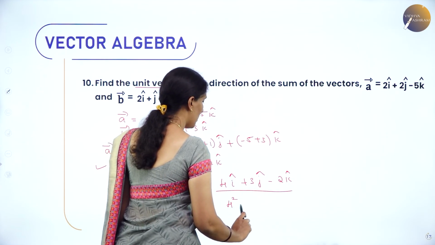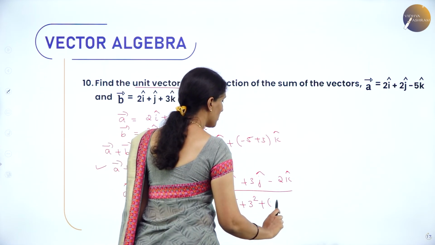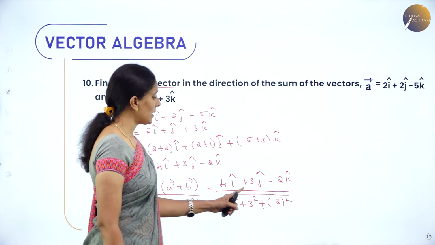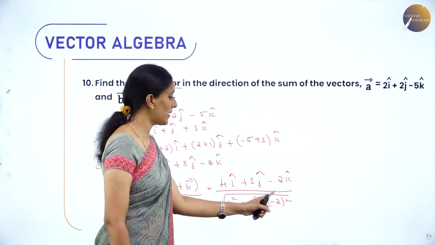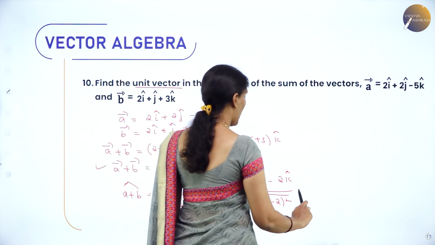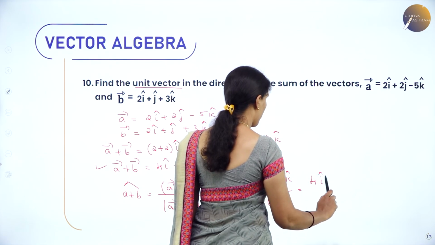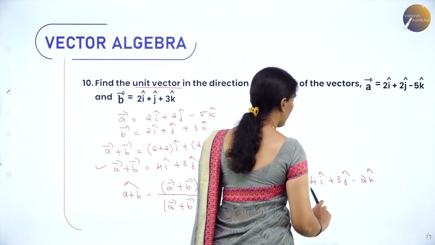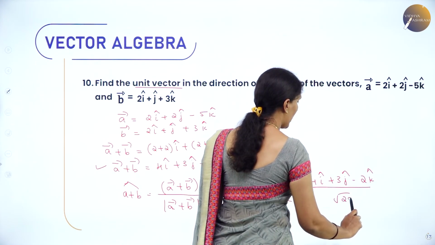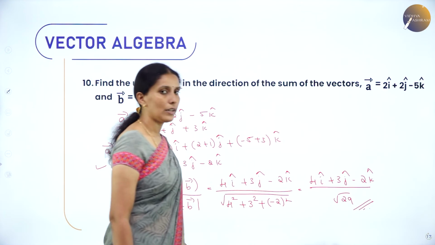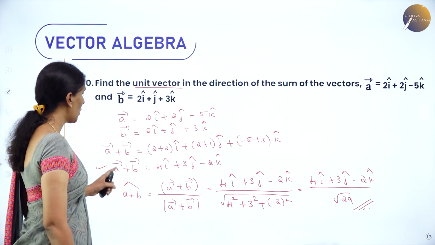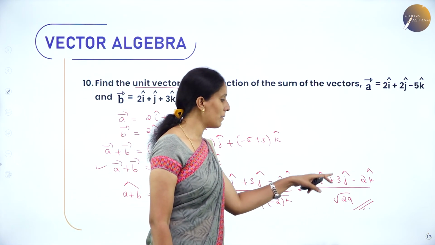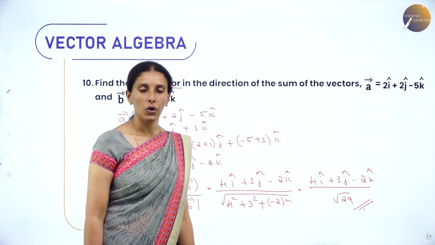Square root of 4 square plus 3 square plus (-2) whole square. So 16 plus 9 is 25, 25 plus 4 is 29, so root 29. So we have (4i + 3j - 2k) divided by root 29. So this is the unit vector along the direction of vector A + vector B. You can also separate it like 4 by root 29 i plus 3 by root 29 j minus 2 by root 29 k.